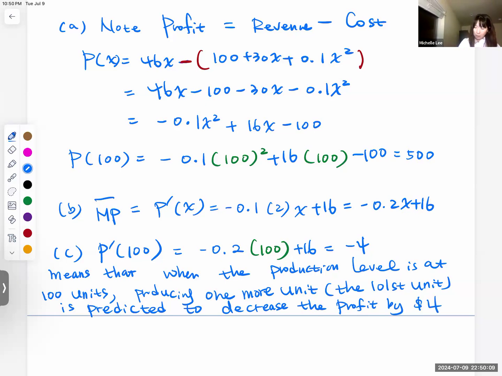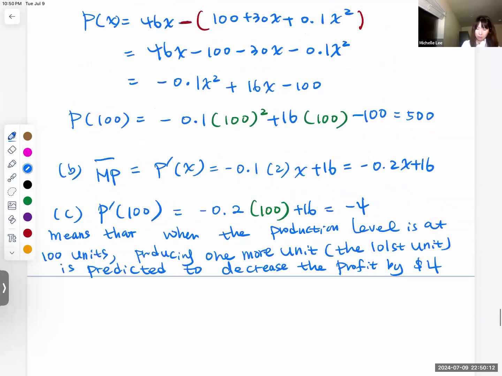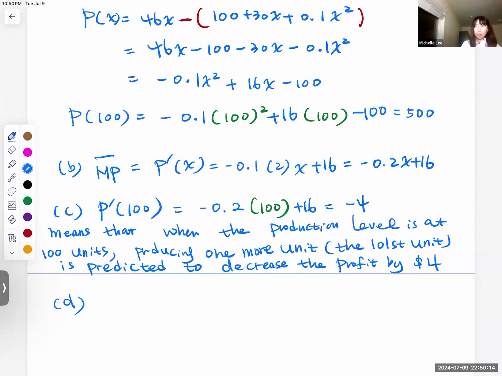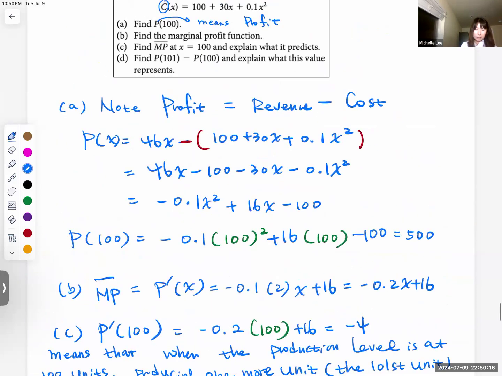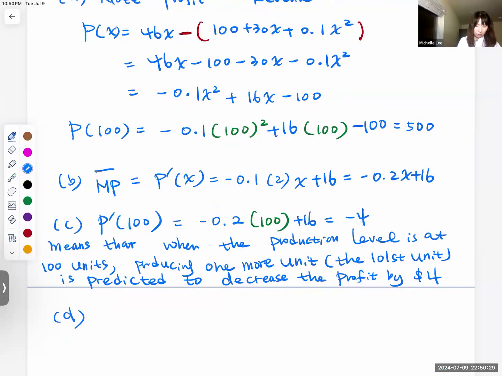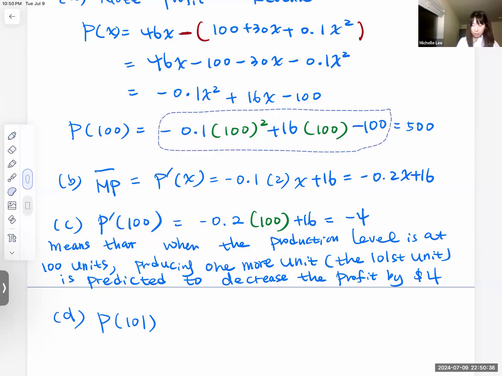Okay, last one, D. Find P of 101 minus P of 100 and explain what this value represents. Okay, so P of 101, we need to find out. Let me change this one to 101. Copy.